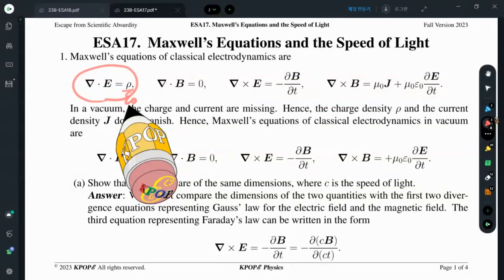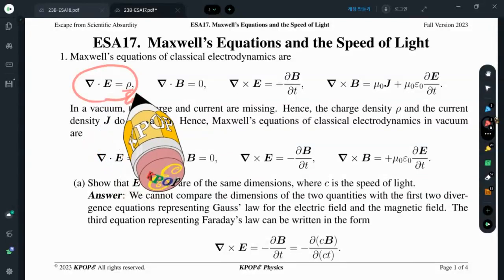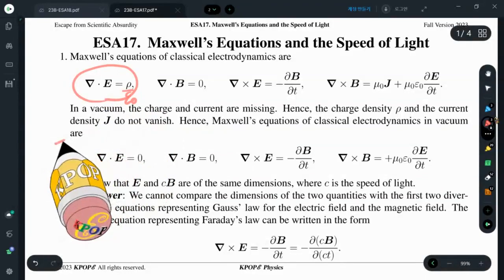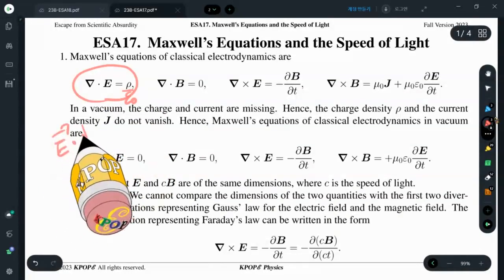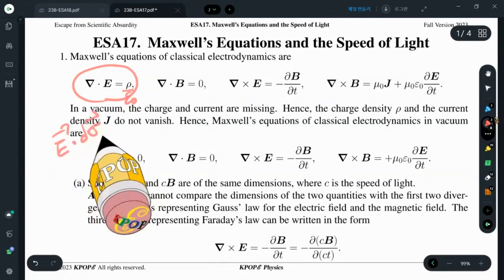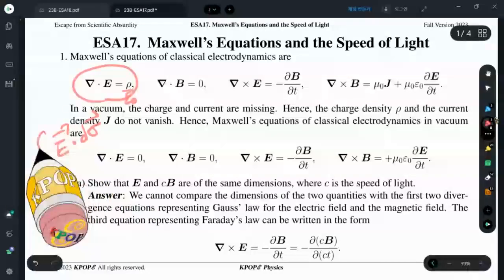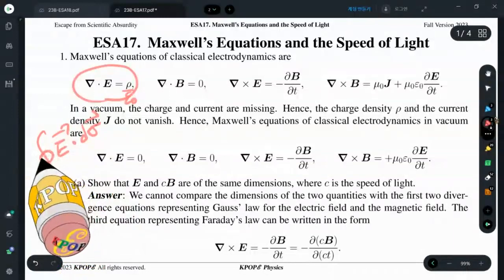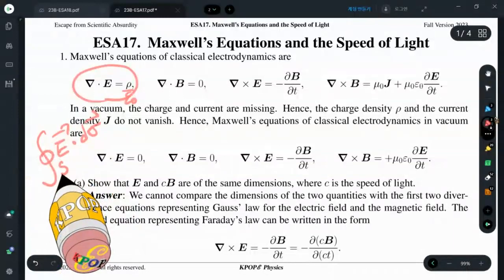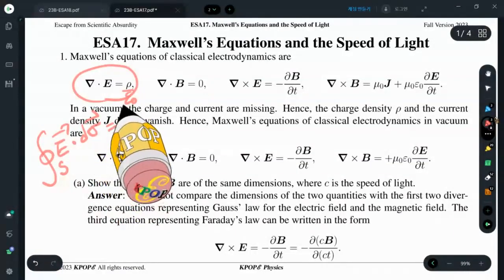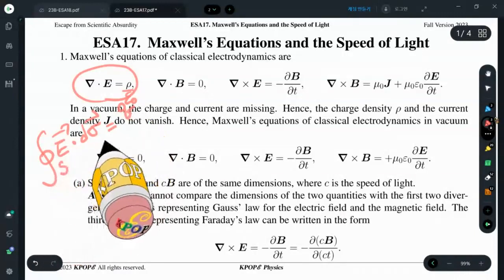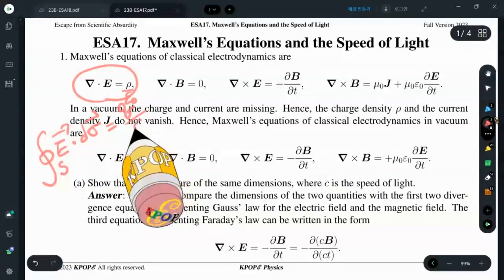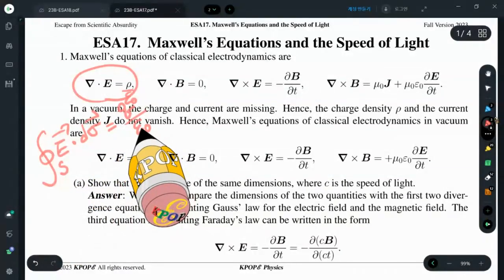Okay, and this corresponds to Coulomb's law, electric field flux. This is a surface vector integrated over a closed surface is a charge enclosed by that surface over epsilon zero.